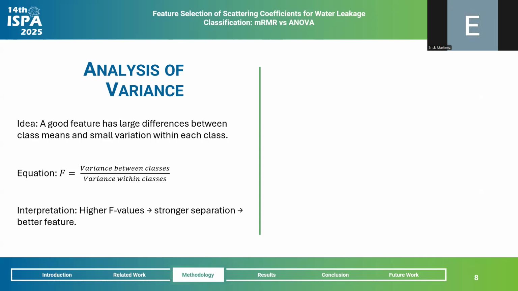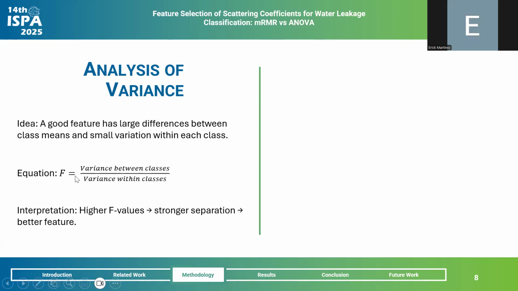That means the variance of the scattering coefficients that corresponds to each of the types of water leakages that we wanted to compare.